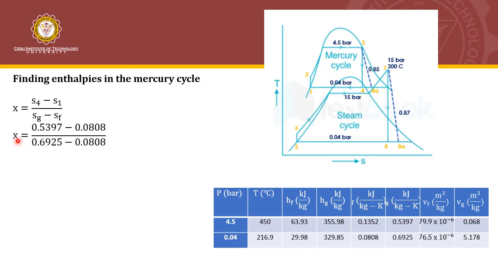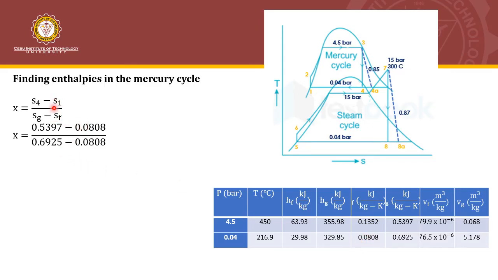If we substitute the values, S4 is just equal to S3 because this is an isentropic process, and S3 is the Sg at 4.5 bar. At 4.5 bar the Sg is equal to 0.5397. S1 is the value of Sf at 0.04 bar, which is 0.0808.